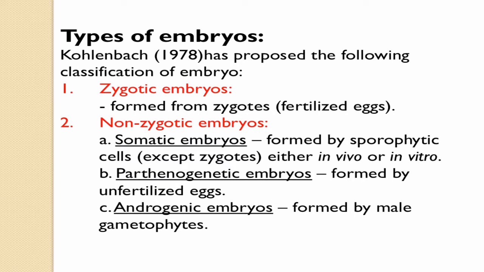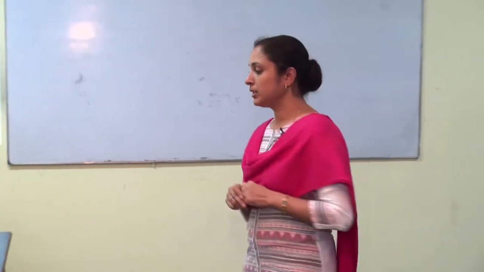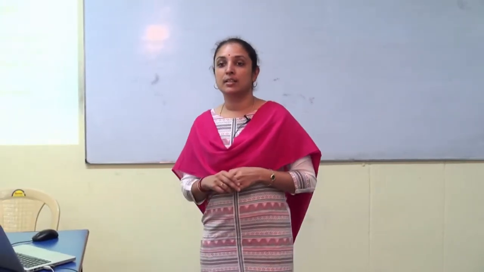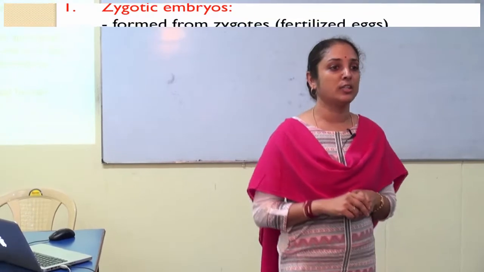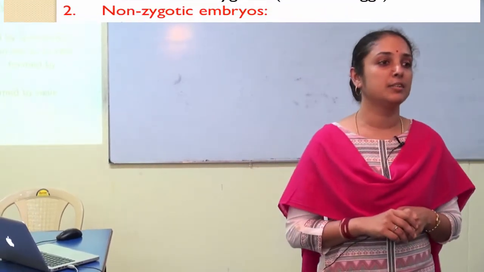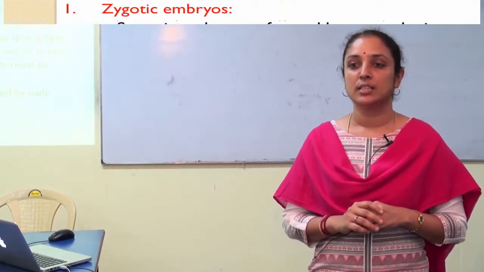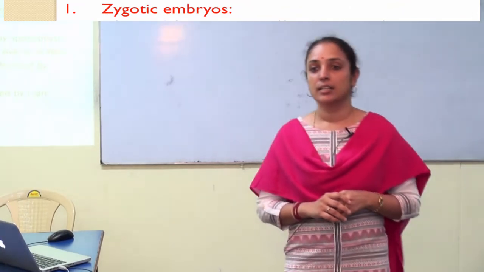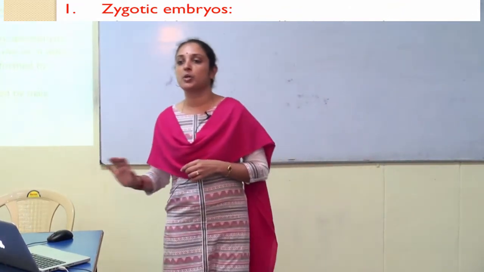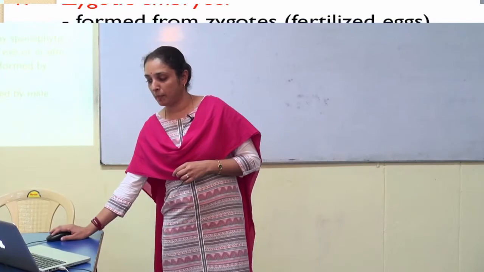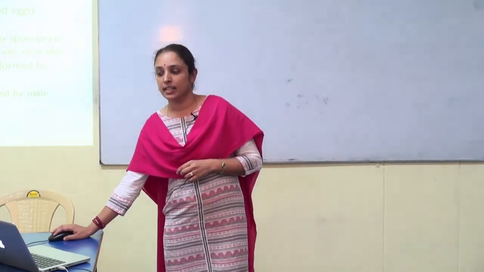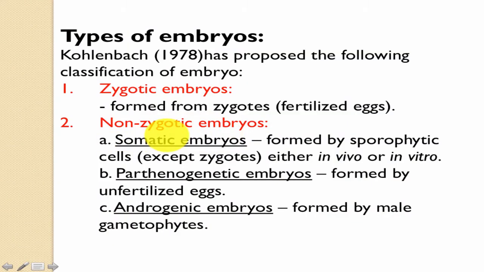The next slide tells you about the types of embryos. What are the types of embryos? Zygotic and non-zygotic are the two different types of embryos. Zygotic is about all the reproductive parts of the plant, that is fertilized eggs, and here non-zygotic embryos.